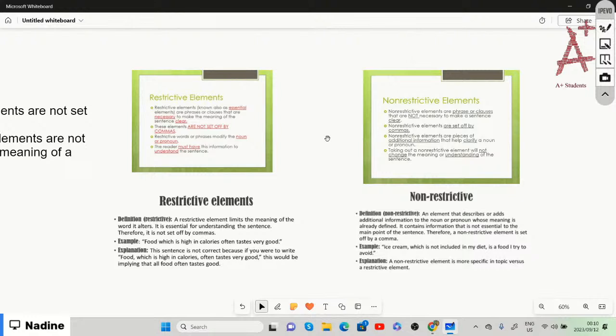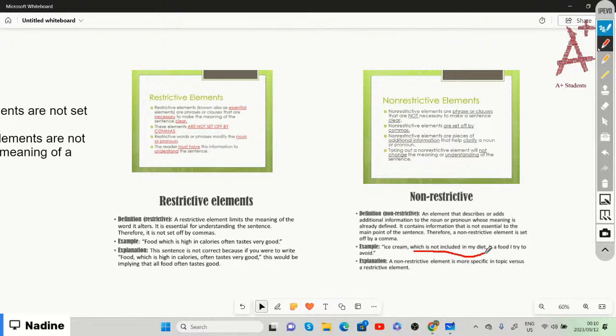Sometimes we don't even have to add the middle part, because you can just say ice cream is a food I try to avoid. If you try to avoid it, then we maybe know that health-wise, that is one of the reasons. But sometimes the added information, like which is not included in my diet, we don't even need to add.